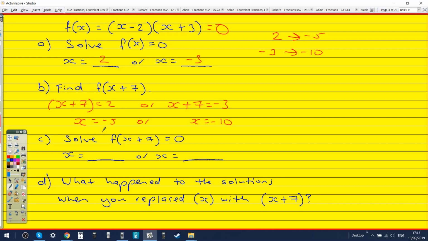Oh, okay, so x plus 7 is... Yeah, it's basically because you had to subtract 7 from both sides. Oh, okay. And so when you do f of x plus 7, let me just write that a bit later. When you do the f of x plus 7, you have to subtract 7 from all the x's.